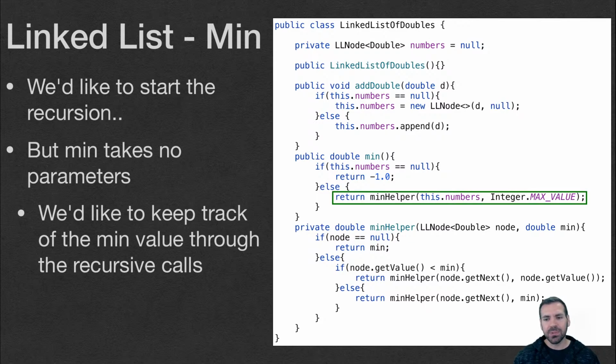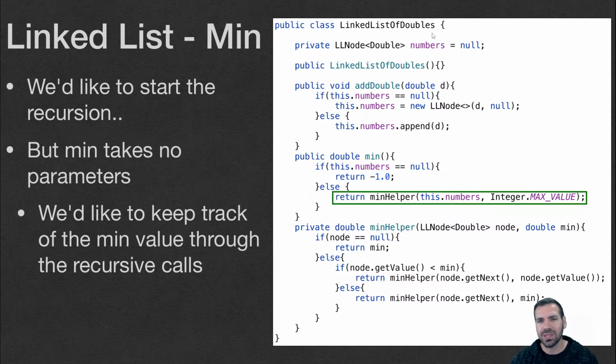We need to keep track of the node that we're visiting, because with our other algorithms, we kept track of the node we're visiting through the keyword this. But we're inside a linked list of doubles class. In your homework, you're going to be inside the song class. So this is going to be a reference to a song object. And it's going to be the same song object no matter what node you're currently visiting. So the keyword this isn't really going to help us here.